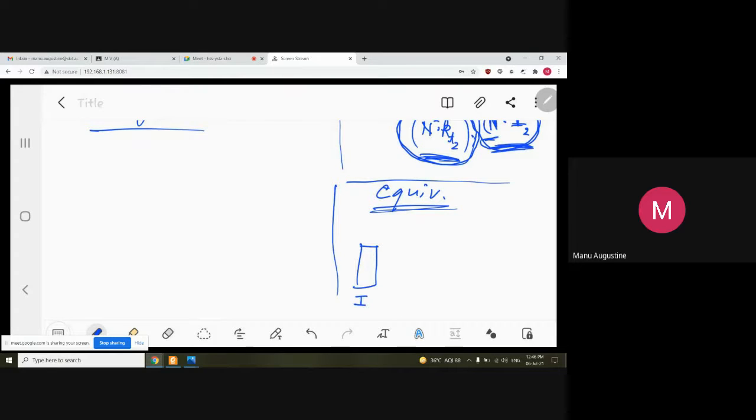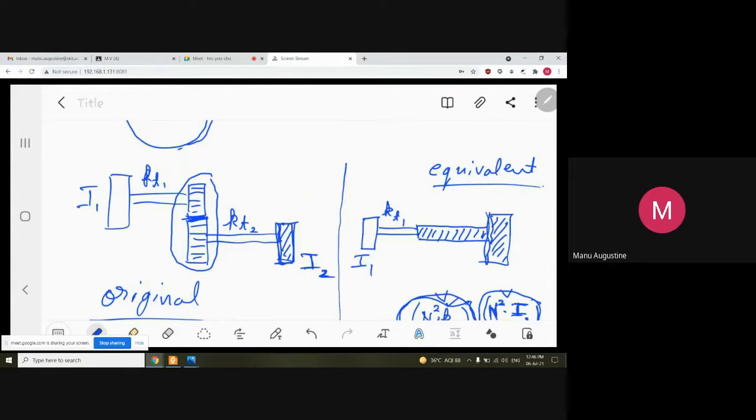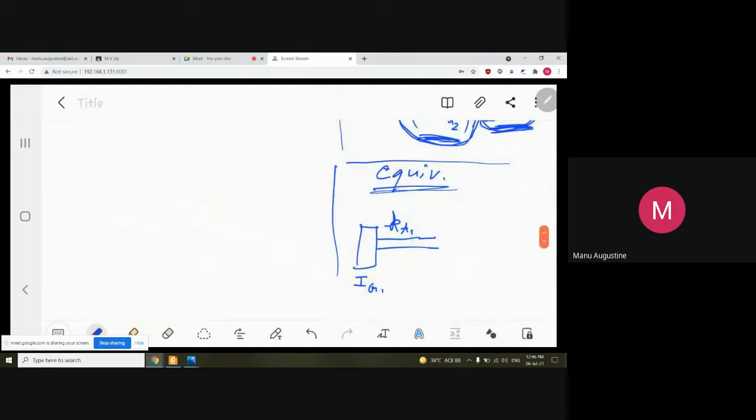See, on the driving side, IG1 remains the same, KT1 remains the same, and instead of both these gears, you are placing a new equivalent rotor. This will have the inertia of, okay, this is not IG1, this is simply I1. IG1 will be written as it is plus n square times IG2.